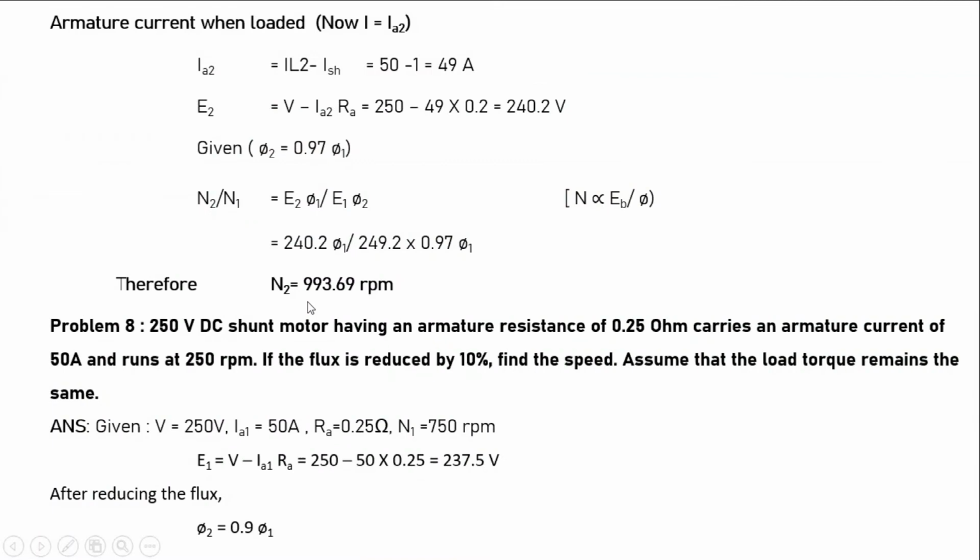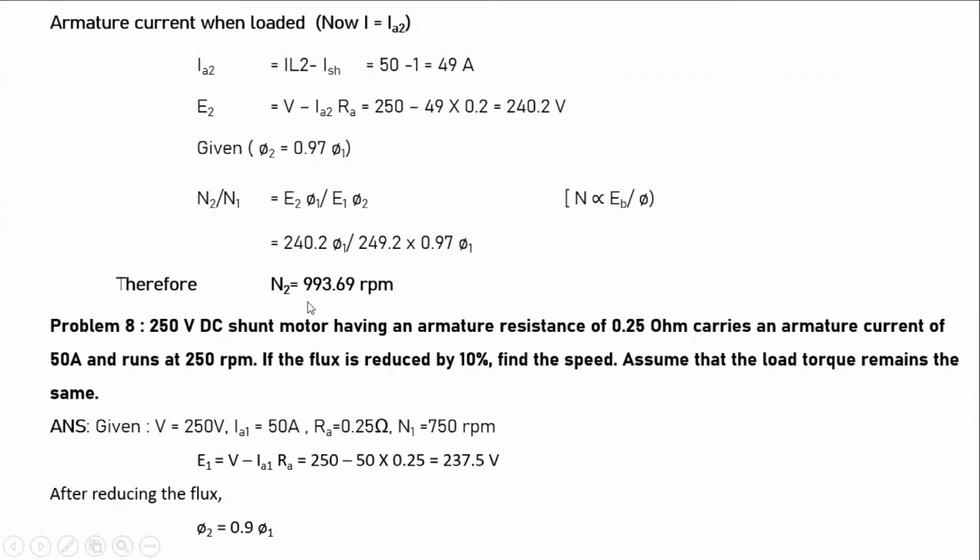Next, the armature current when loaded, Ia2. The load current has now changed to 50 amps. Shunt field current will not change because nothing is mentioned about the shunt field; only the load current has been mentioned.